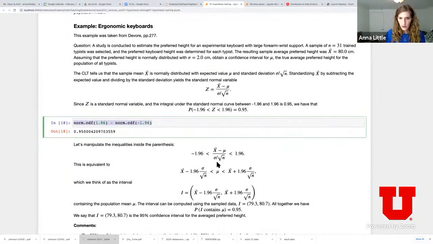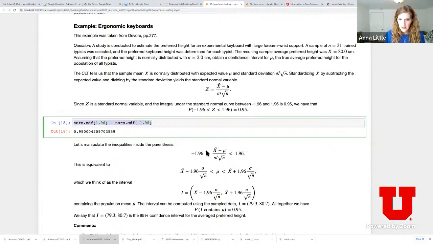And here we're going to do a little rearranging to derive something interesting. If you do a little algebra, you can see that this inequality is actually equivalent to this inequality.